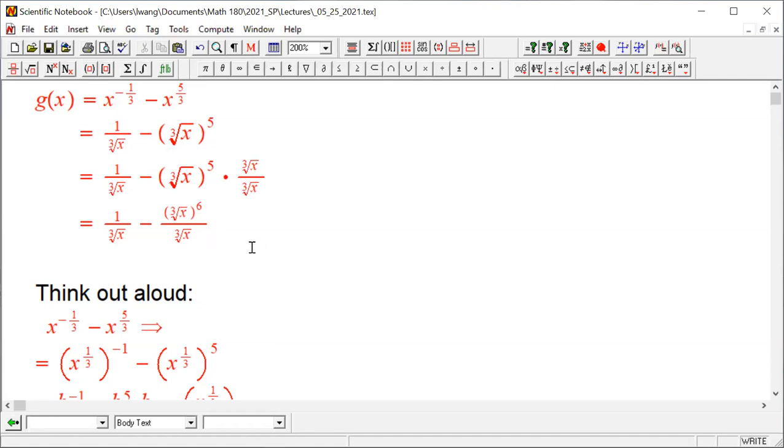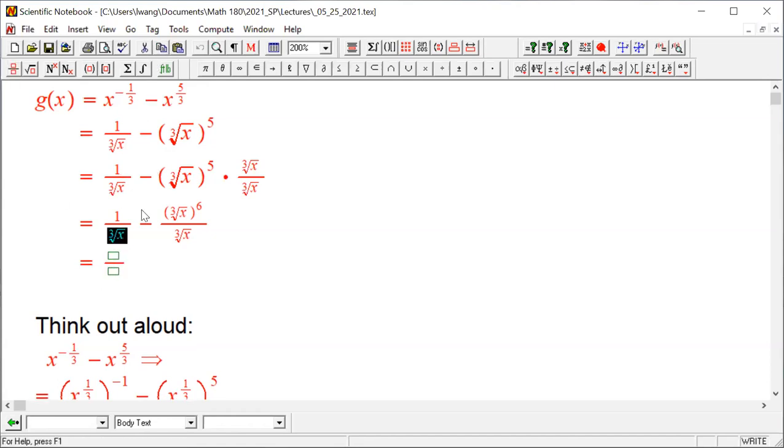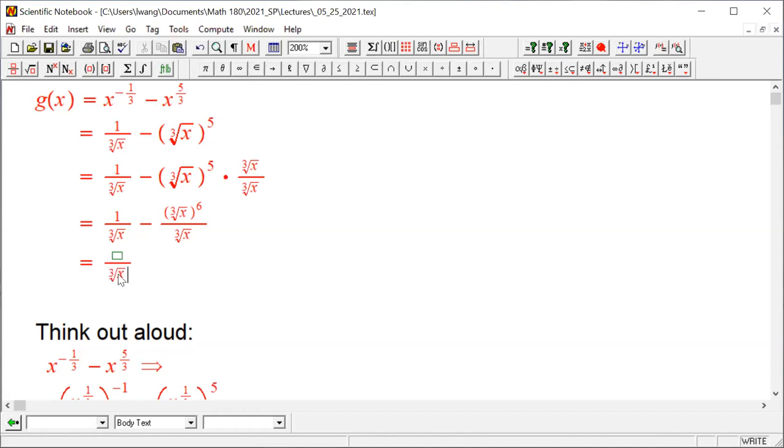Do you see that? Equals, and now we have the same denominator. And then 1 minus the other numerator.